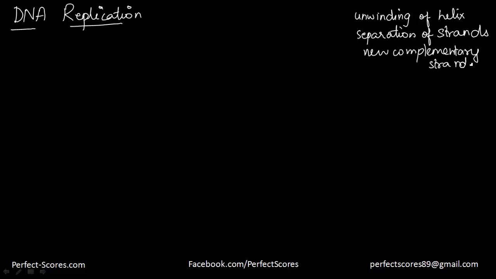So before we start going through the processes, a few important things about the two enzymes. Over here in this process, we need helicase. And in this process, we need DNA polymerase. So what do these enzymes do?